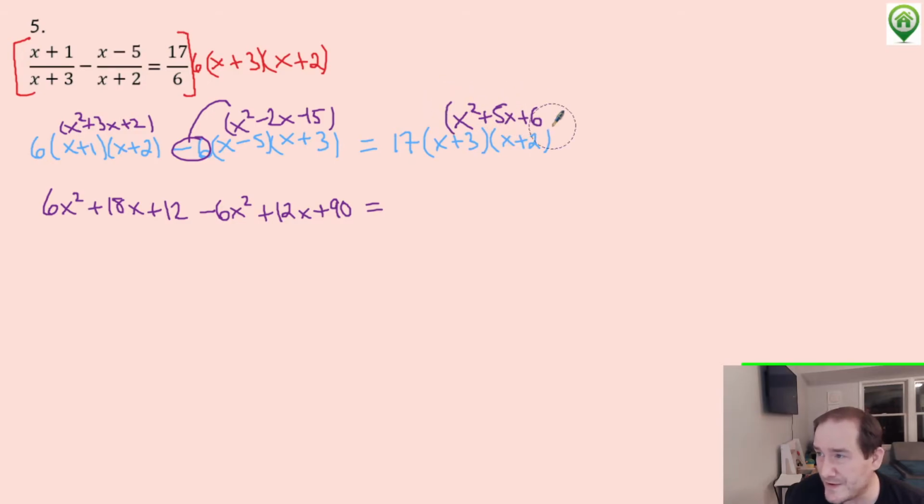We're distributing a 17 onto that, annoyingly. So 17x squared plus 85x plus 60 and 42 is 102. All right. I'm going to go ahead and use my trusty highlighter. Quadratic. Oh, those cancel. That's convenient.